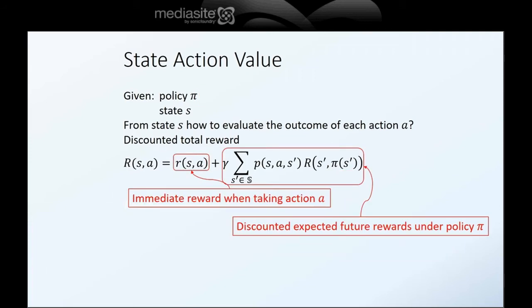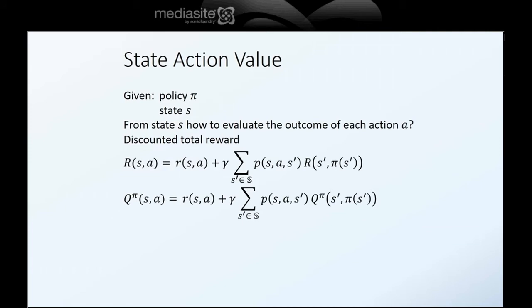So this is the immediate reward when taking action A, and this second term here is the discounted expected future rewards under policy pi. And that is the Q value.